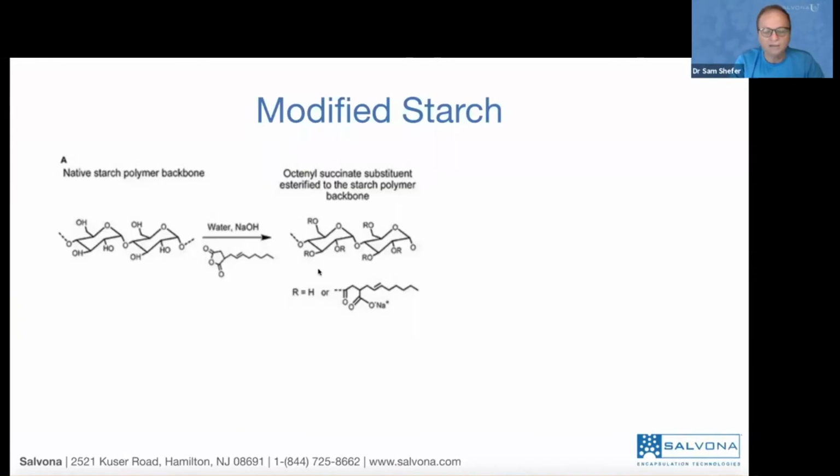And these are the differences between the different starches, the degree of modification. Now, this octenyl succinate is approved for food and it's biodegradable, so that's why we like it so much.